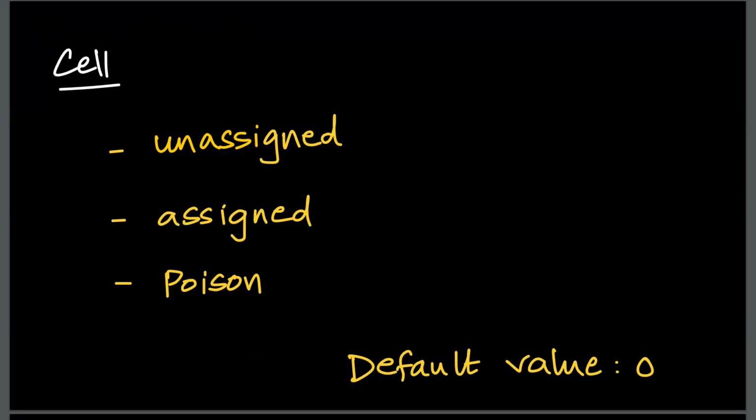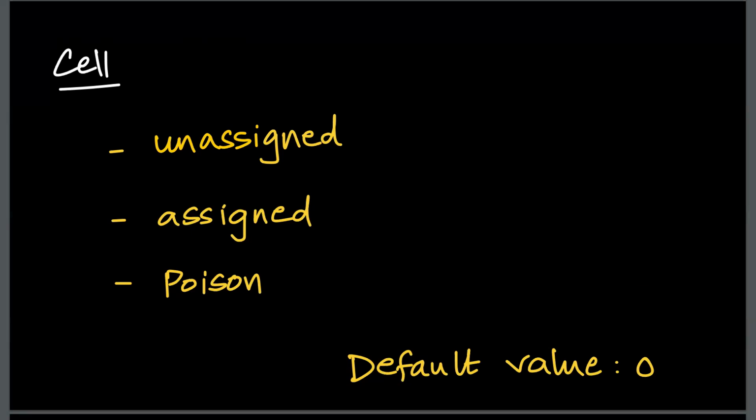Before that, the Halo2 table has columns and rows, we talked about those, but we didn't talk about cells. The cells in the blinding rows are called poison cells. So you cannot access poison cells, you cannot assign values to poison cells. The other cells, which are in the usable rows, are either assigned or unassigned.